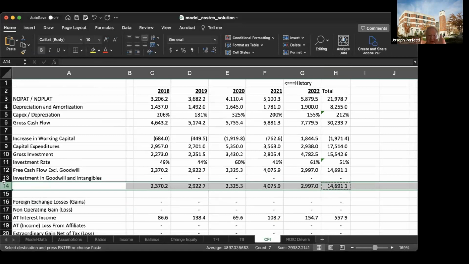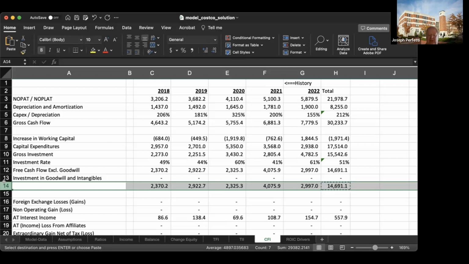I have 15 billion to give the owners. That's the free cash flow I generated. How I give you the $15 billion is the question. But whether I give in the form of a dividend or whether I buy back the stock and the rest of you own a bigger share of the 15 billion, I still have 15 billion to give. That's not going to change, regardless of how I pay it out.